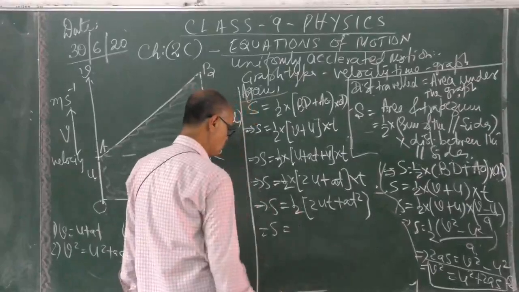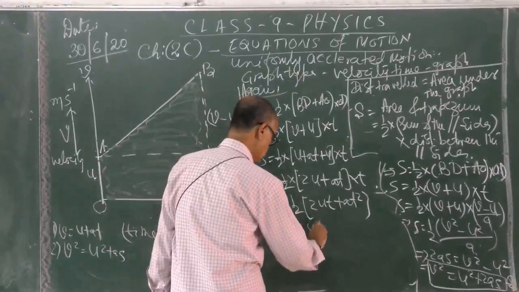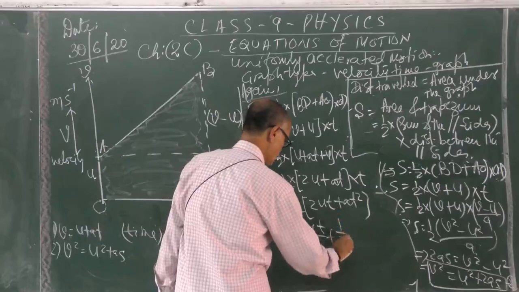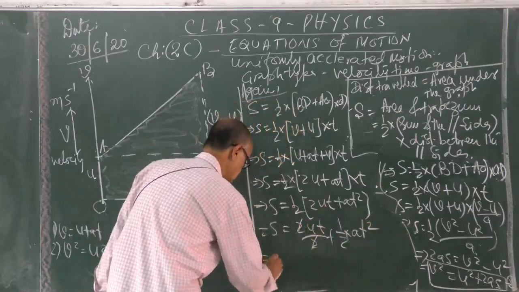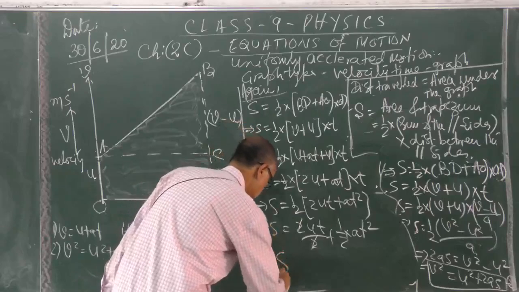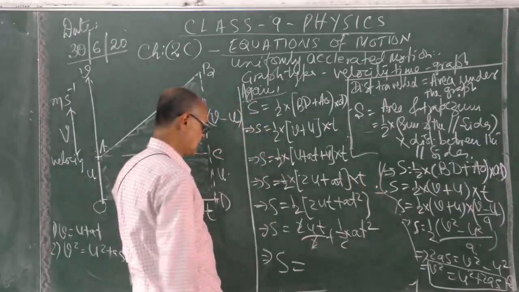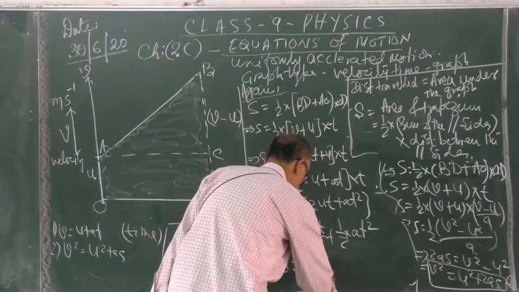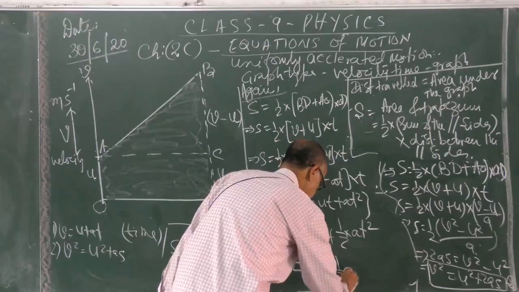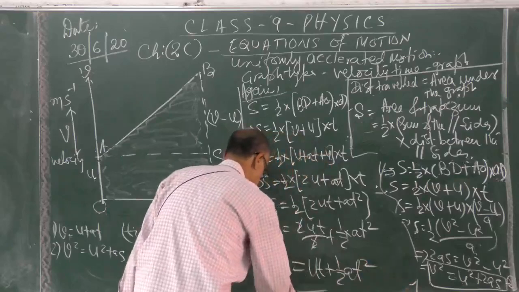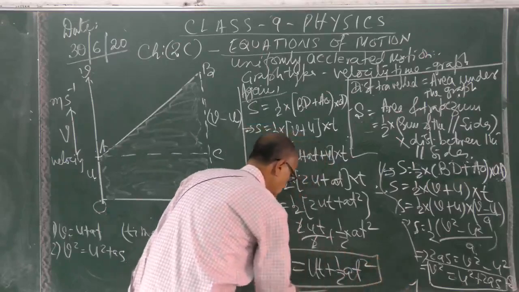LCM will be divided to both, will be twice ut plus 2 plus 1 by 2 into at square. This 2 gets cancelled. This shows distance traveled. Another formula for it is ut plus 1 by 2 at square, relation number 3.